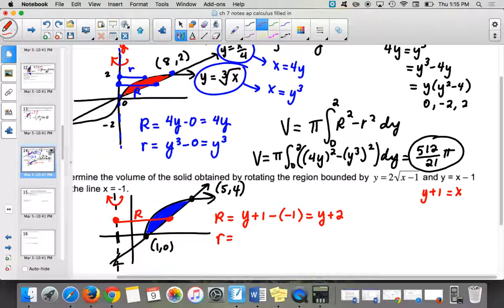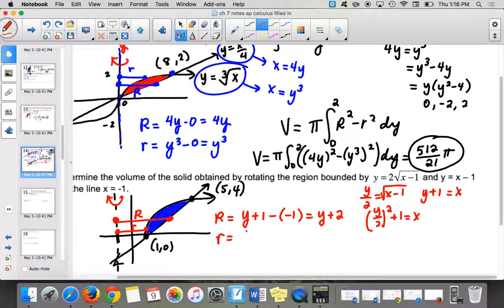All right, so then if I have little r, axis of rotation to the inner curve, right minus left, my inner curve is, well, we have to find it. It's y over 2 equals the square root of x minus 1. So y over 2 squared plus 1 equals x.